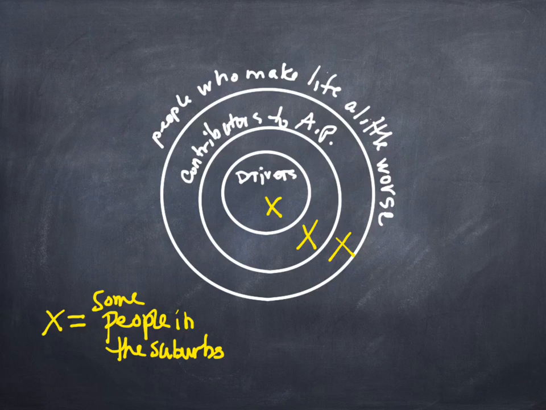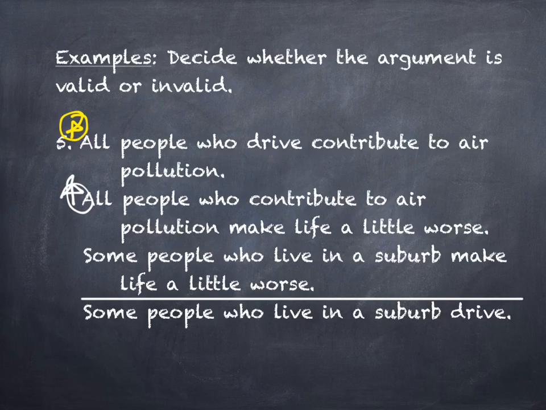Yeah. All three of those X's are inside of the big outer circle of people who are making life a little worse, right? So the X could go in any one of those places. The only place it can't go is outside of that. We all good with that? Okay. So our last statement then says, people who live in a suburb drive.